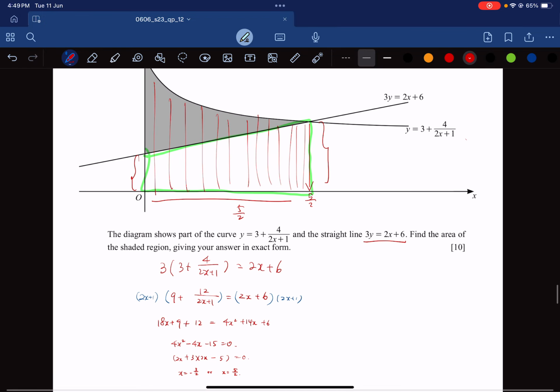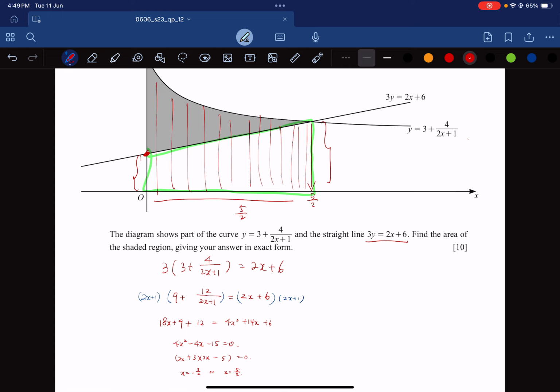Okay, so this one is when y equals 0. When y equals 0, x equals negative 3. Wait, is it? Not y equals 0. This is x equals 0. Made a mistake. 2, 0, 6. So y equals 2.